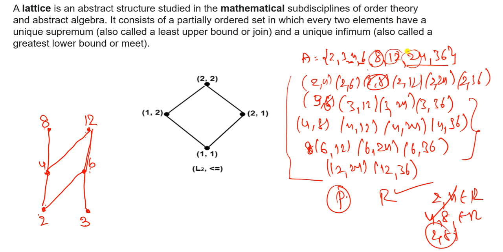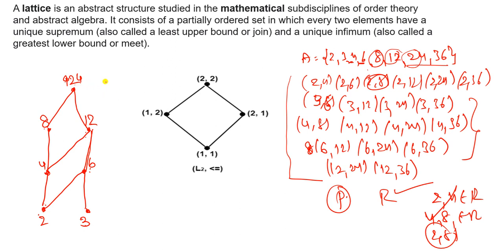Come to the next element, 24. 24 is divisible by 8 (8 times 3 is 24) and 12 (12 times 2 is 24). Because all the elements have a connection with 24.